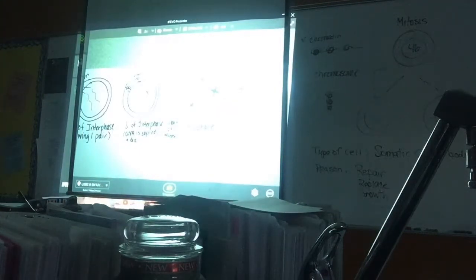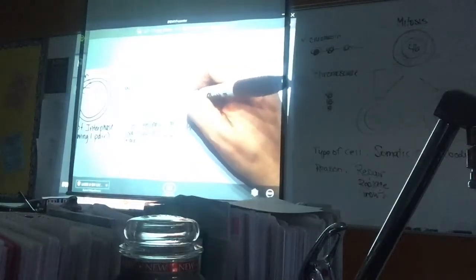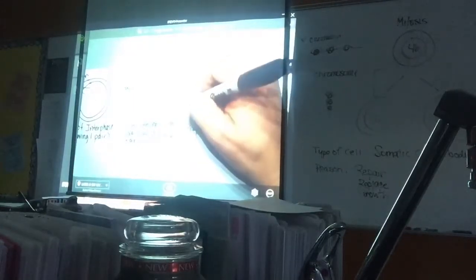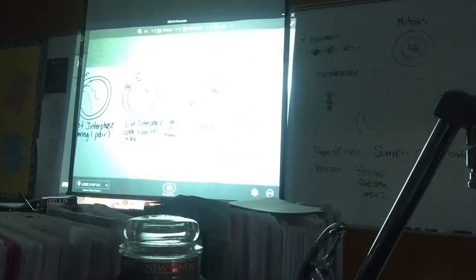Anybody know what grows from these? Why these are important to cell division? What grows from these, Matt? Microtubules, and these are going to form what's called the spindle. And the spindle is going to be helpful in separating the chromosomes properly in mitosis.